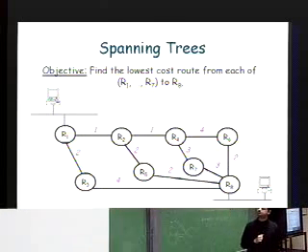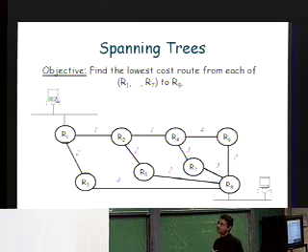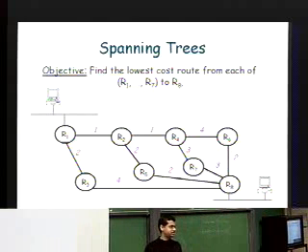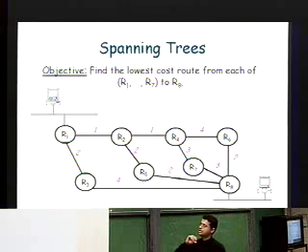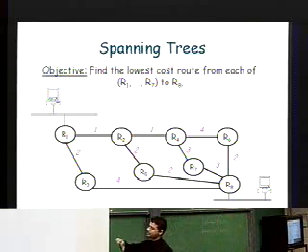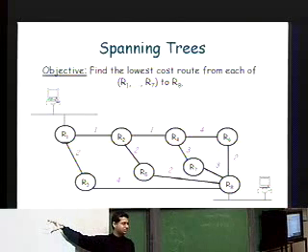The solution which is used in networks is to find spanning trees. So what's a spanning tree? A spanning tree is a tree. It's not a graph, so there are no loops.